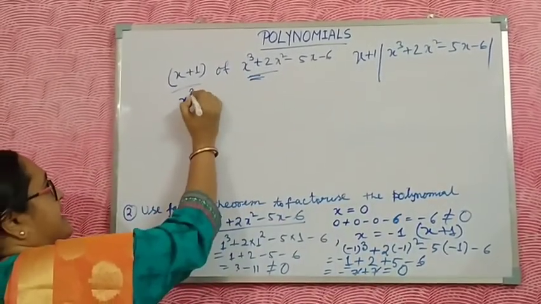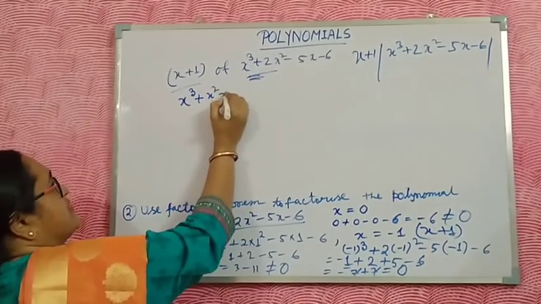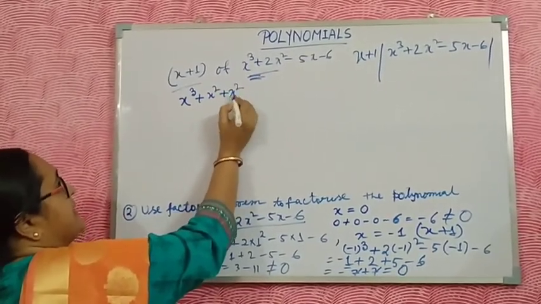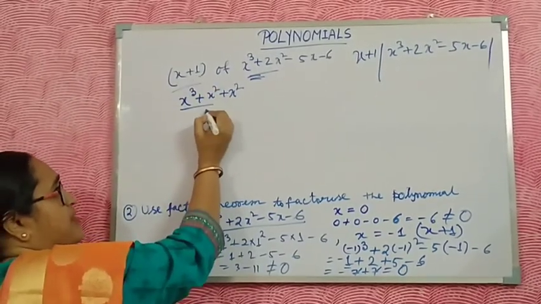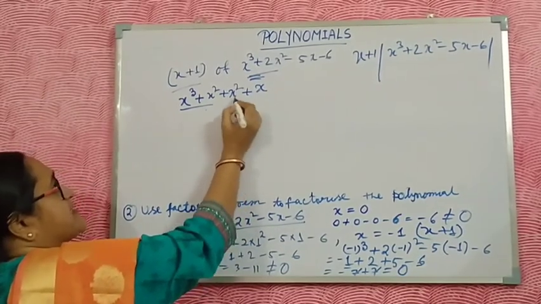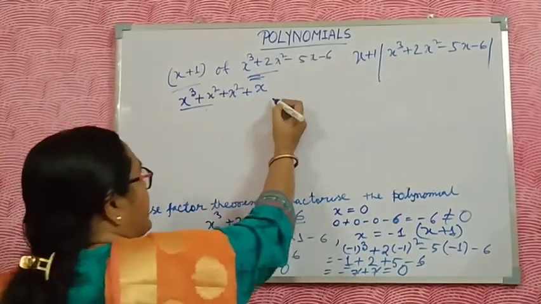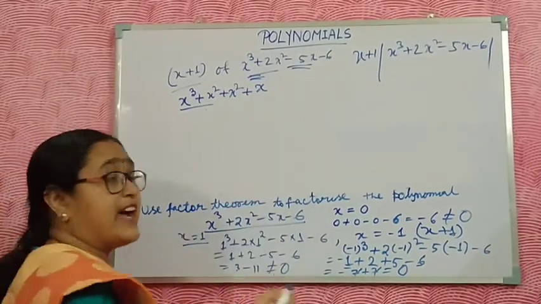This is x square, and if I write 2x square as x square plus x square, then when you take the common x square, x plus 1 is a factor. Then x square plus x, when you take x, x plus 1 is a factor. And then here is minus 5x.